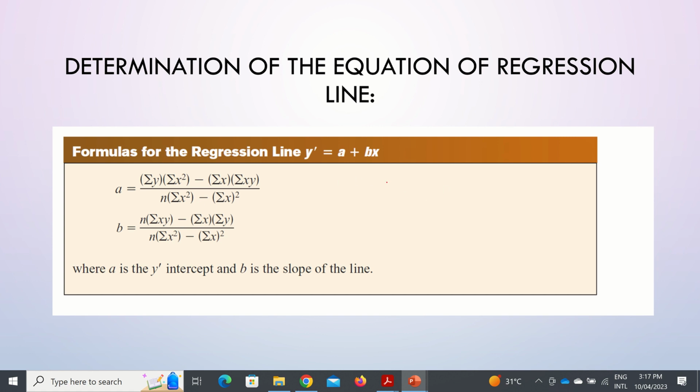We want to find the squared residuals between the observed value y and y dash.